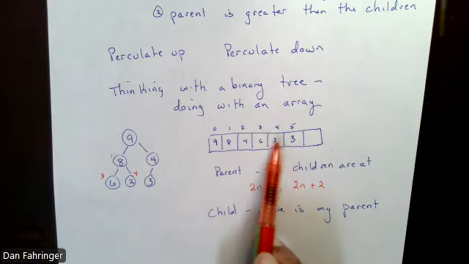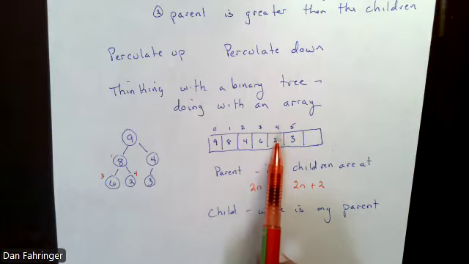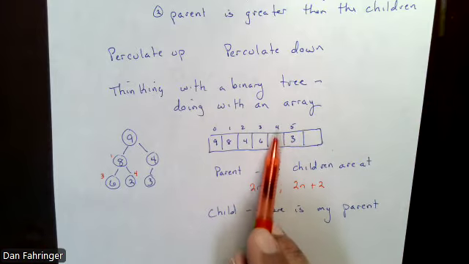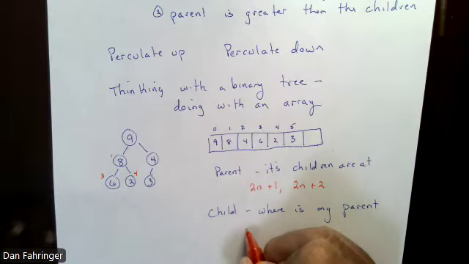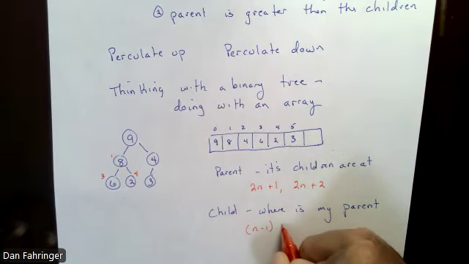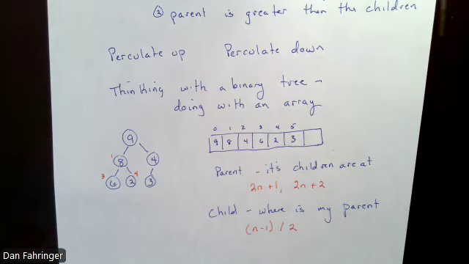So in order to move around in this array, if I'm looking at 4 and I want to know where its parent is, well, location 4's parent is 1, and we had a formula for that: n minus 1, integer division with 2.